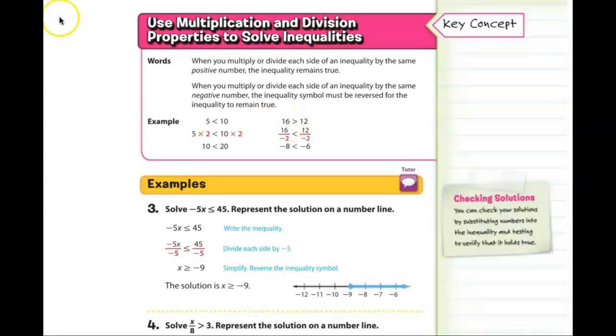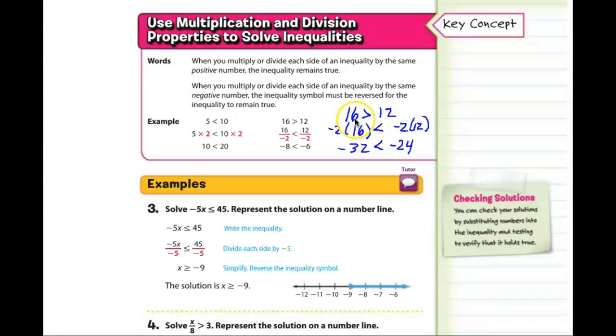If you have a situation in which you are multiplying both sides by a negative 2, 16 is greater than positive 12, but if you multiply negative 2 times 16 and negative 2 times 12, the left side of the inequality is less than the right side, because negative 32 is less than negative 24.